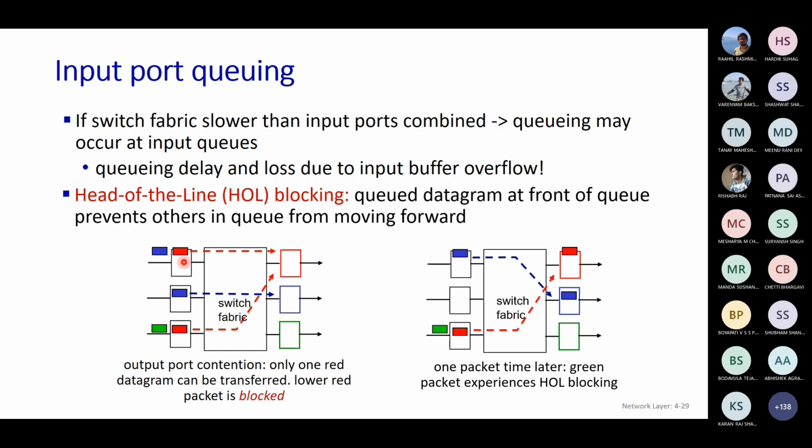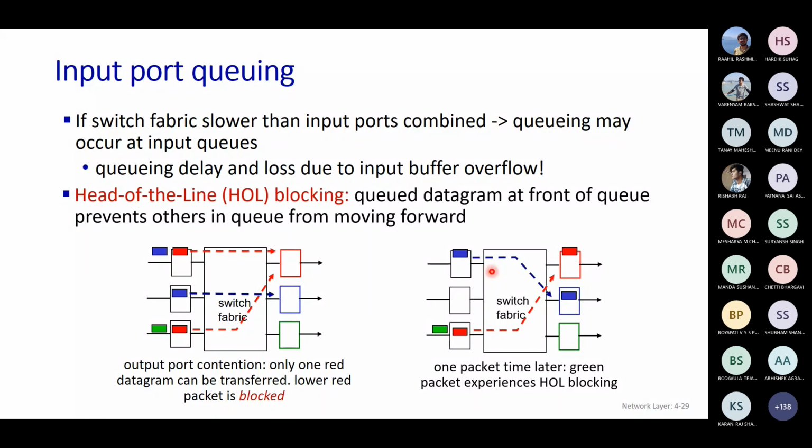This first red packet gets transferred to the corresponding output port, as you can see in this diagram. This is at time t equals 1. At time t equals 1, the problem was that two red packets wanted to get to the corresponding output port and they started contending.